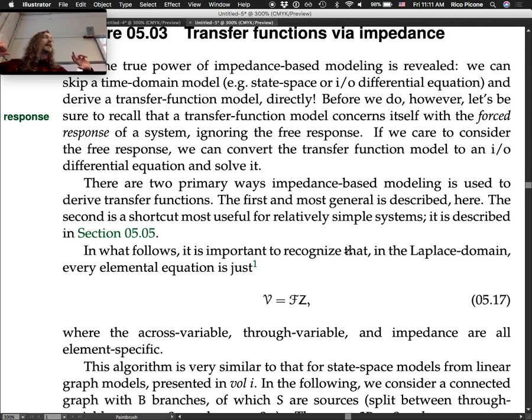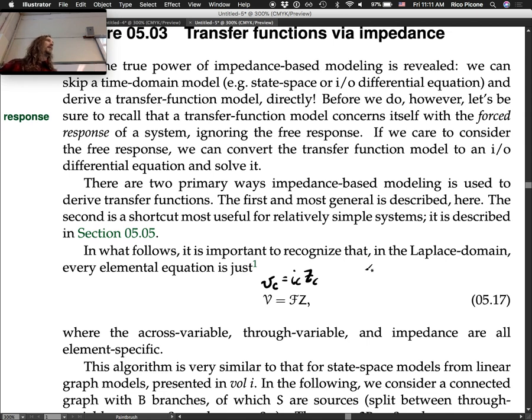So now when we think of things in terms of the Laplace domain, every elemental equation is just this with a subscript, right? Like if it's a voltage, maybe of a capacitor, it's V_C equals I_C Z_C.